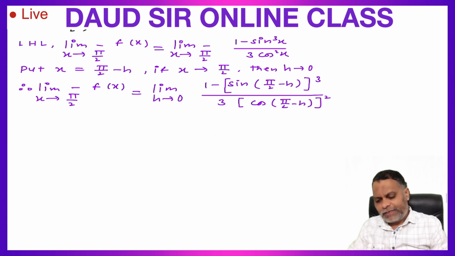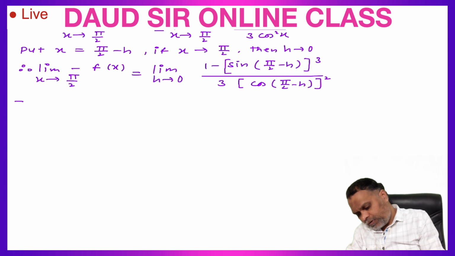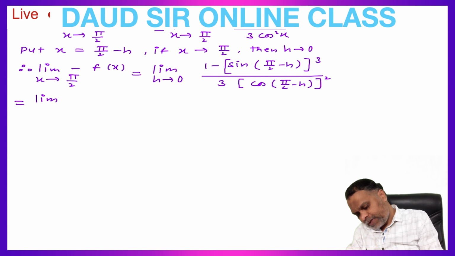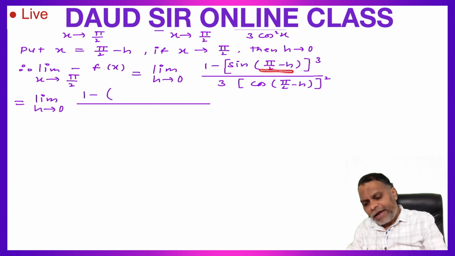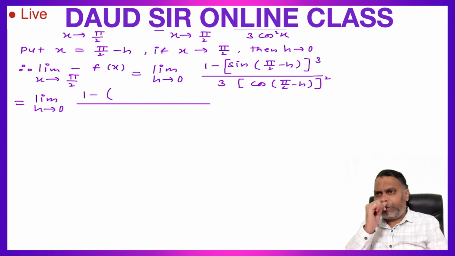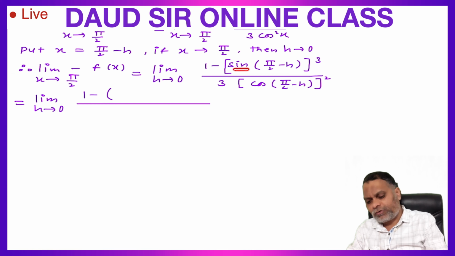Now simplify this, which is equal to limit h tends to 0, 1 minus sin of (pi by 2 minus h). Pi by 2 minus h lies in first quadrant. In first quadrant, all trigonometrical ratios are positive, so plus sign.